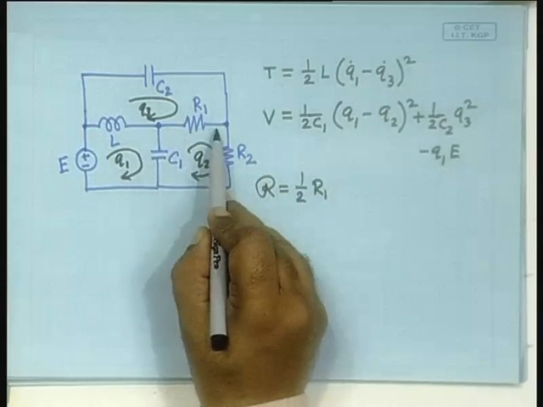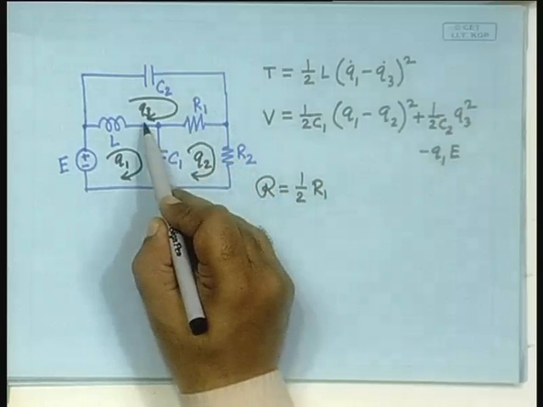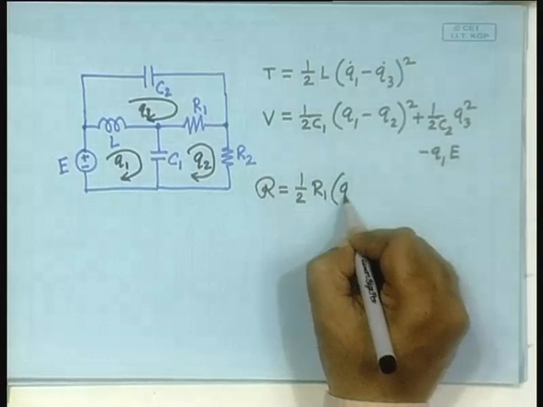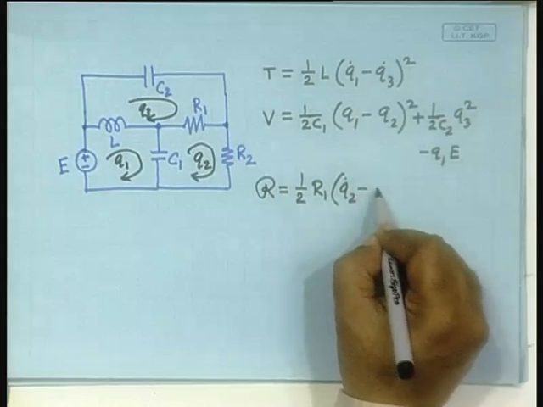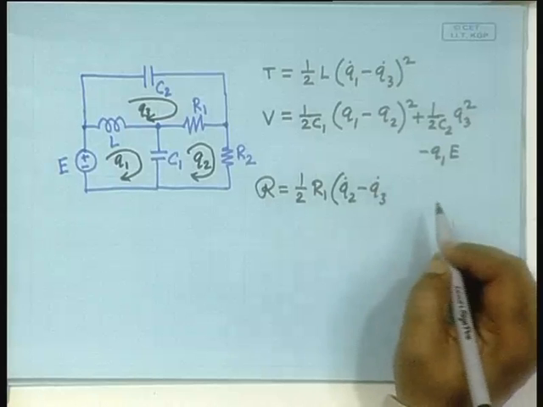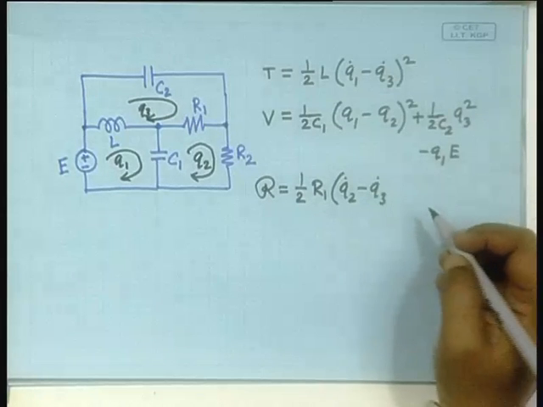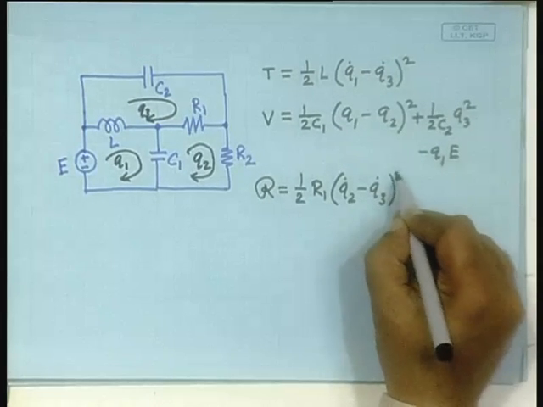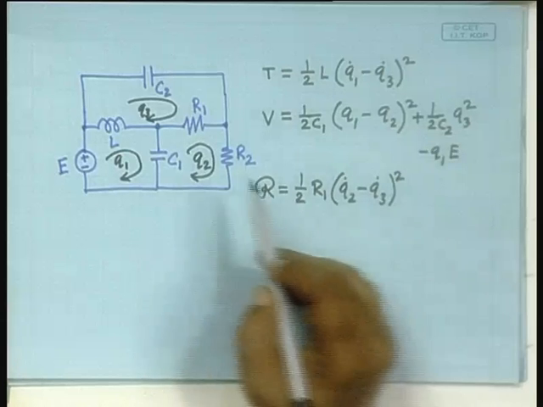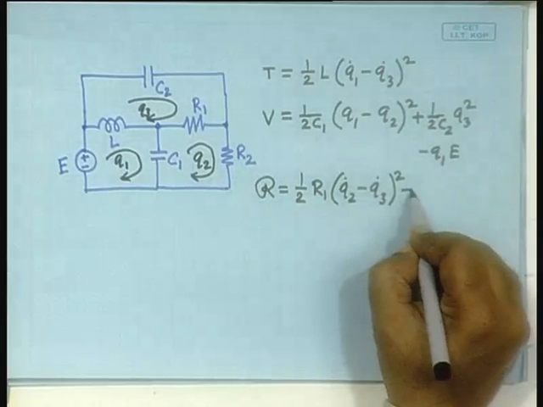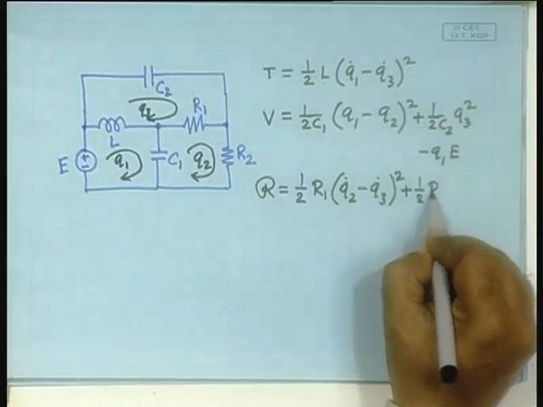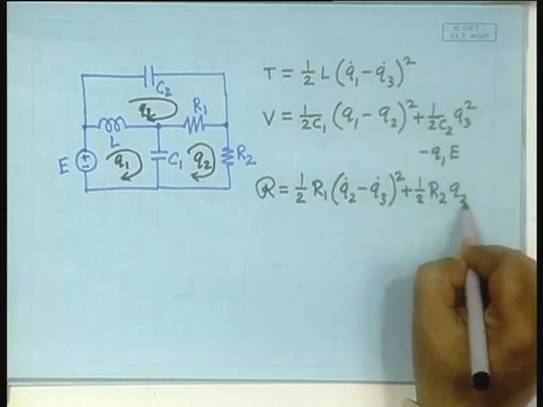Q2 dot is flowing this way and Q3 dot is flowing the opposite way. So, Q2 dot minus Q3 dot square, and this one plus half R2 Q2 dot square.